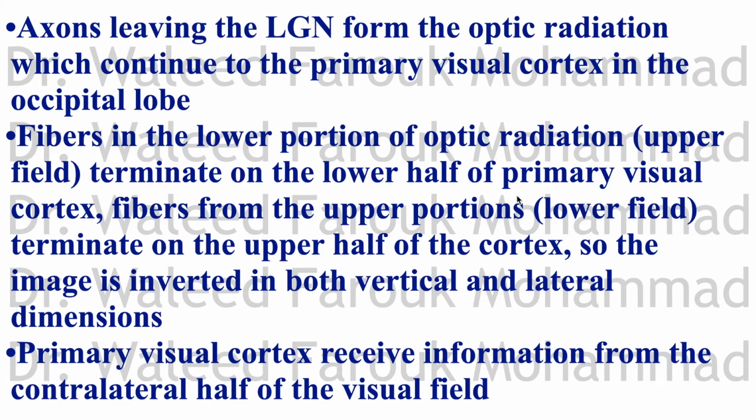So the lower portion of the optic radiation terminates in the lower half of the primary visual cortex. From the upper portions, which means the lower field, fibers terminate on the upper half of the cortex. So the image is inverted in both vertical and lateral dimensions, and the primary visual cortex receives information from the contralateral half of the visual field.